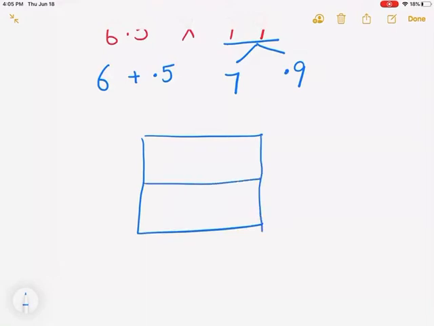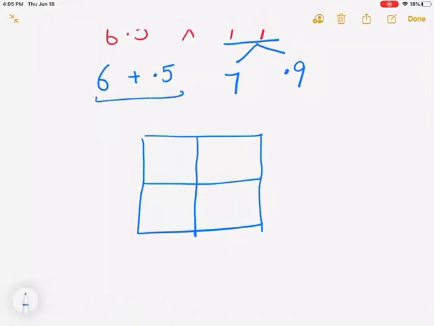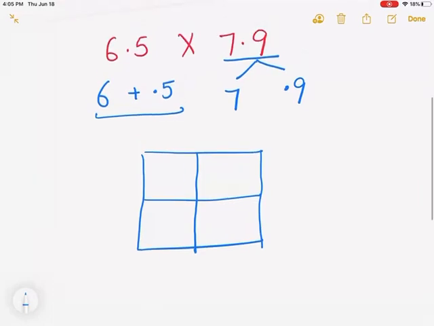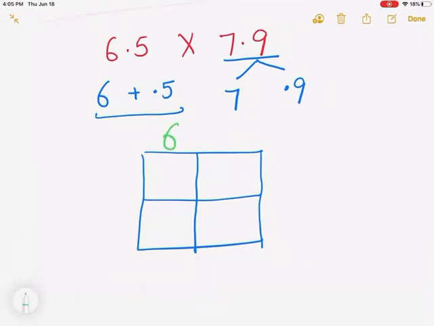Put each decomposition on the sides of the box. It doesn't matter where you put which one. So let's put 6.5 on the top: 6 goes here and 5/10 goes here. The other number I'll put on the side: 7 goes here and 9/10 goes here.